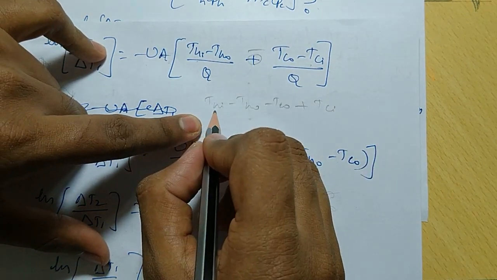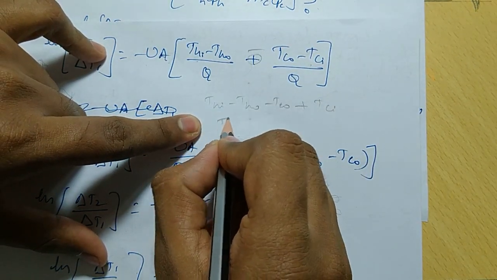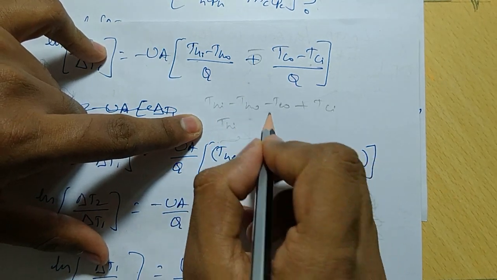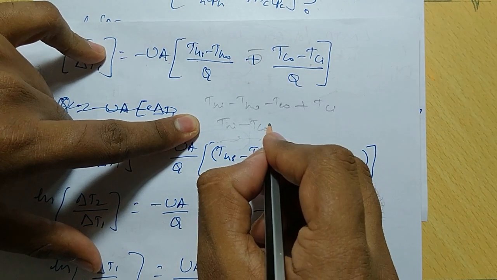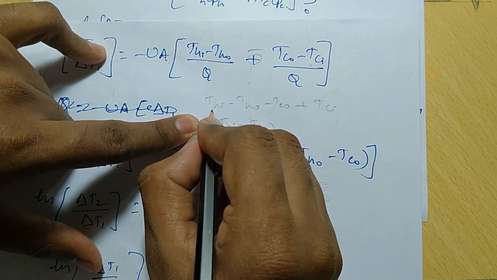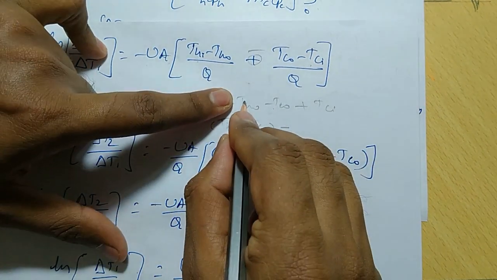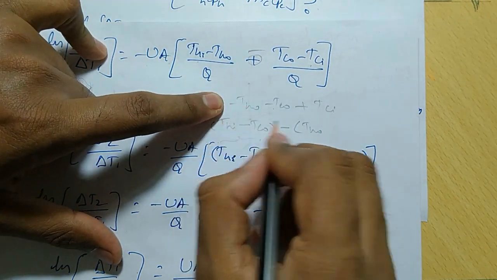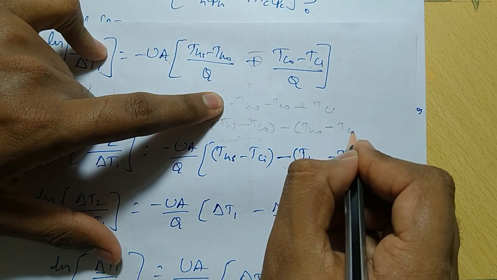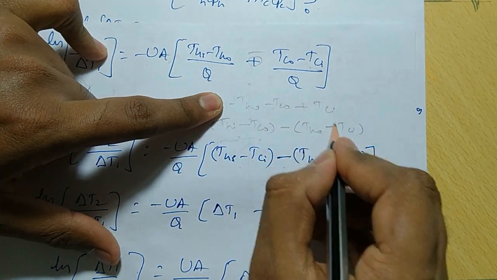Now I will rearrange this one: THI minus TC naught, minus TH naught, minus TCI, minus into minus plus TCI.